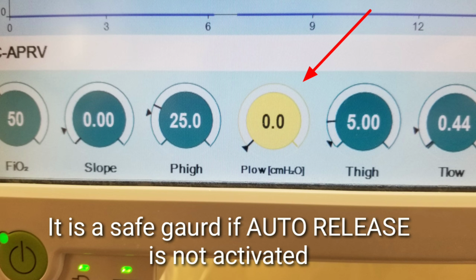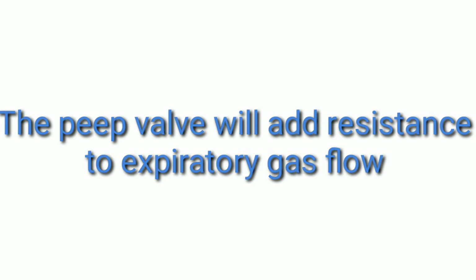The reason is because the minute that you set anything on the P low, it automatically engages the expiratory valve that's going to create that PEEP, right? And the way we create PEEP with those expiratory valves is we create resistance.